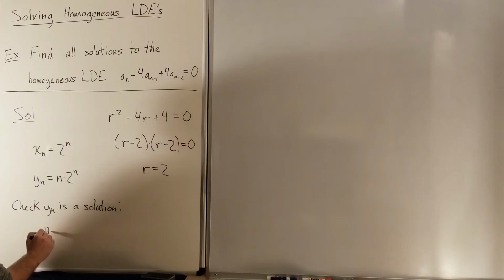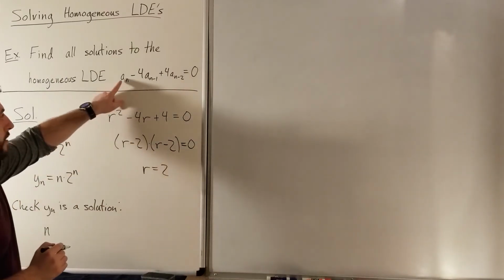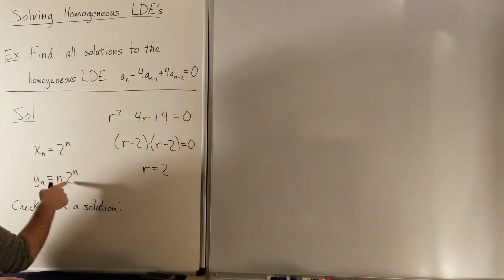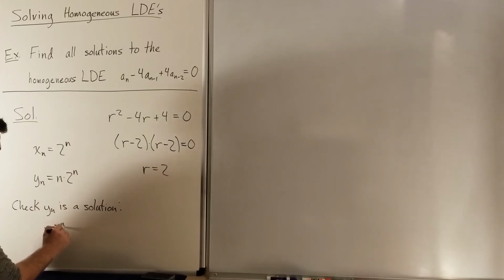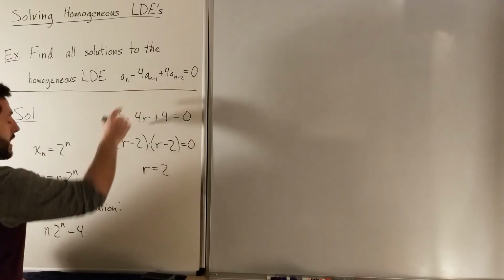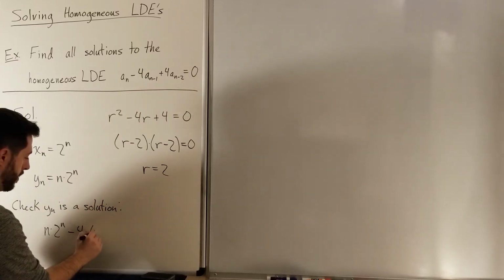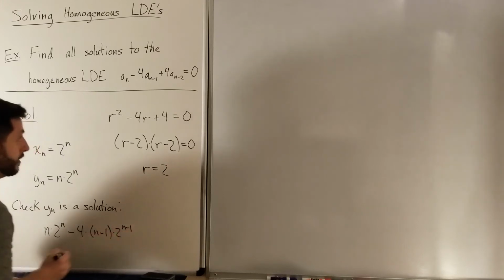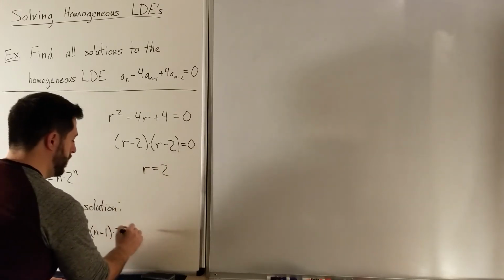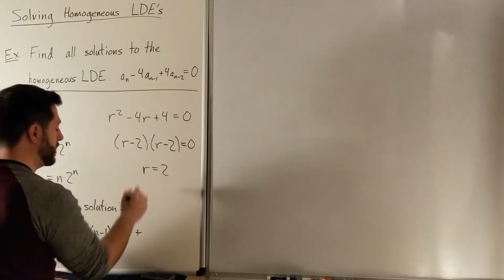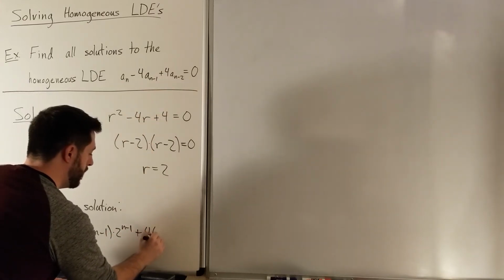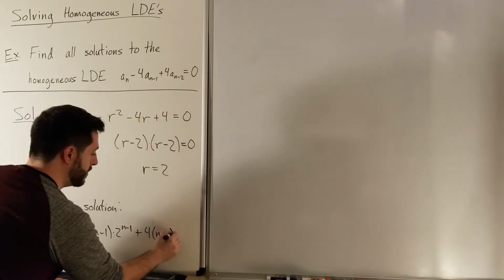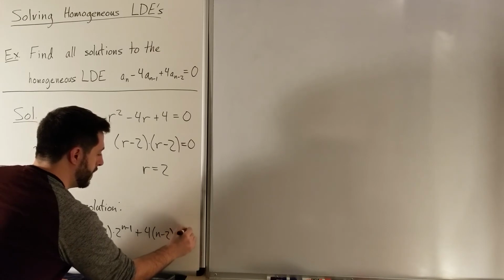So the nth term is n times 2 to the n, minus 4 times the n minus first term, which is n minus 1, times 2 to the n minus 1, and then plus 4 times the n minus second term, which is n minus 2 times 2 to the n minus 2.